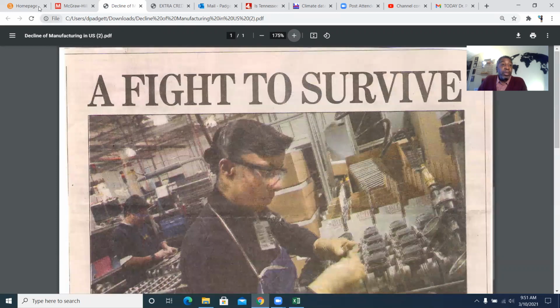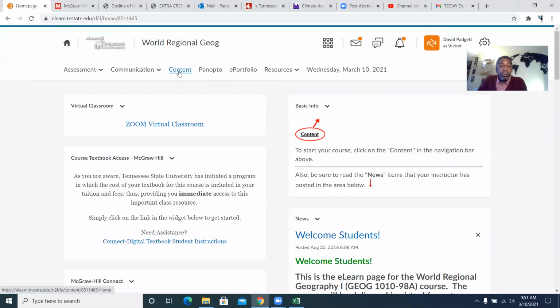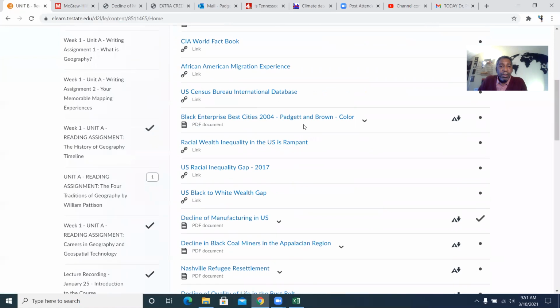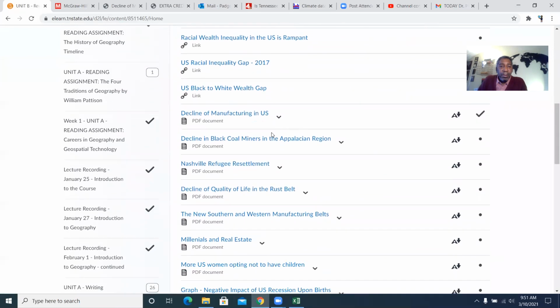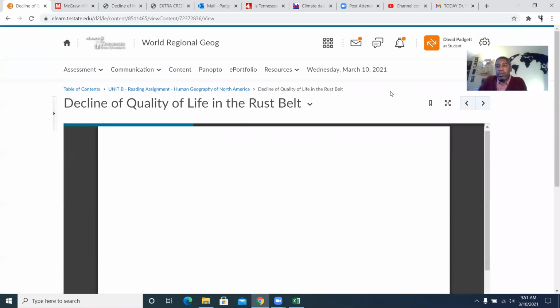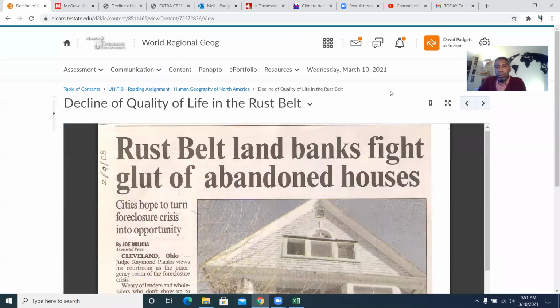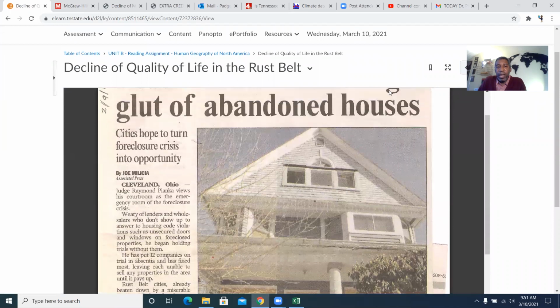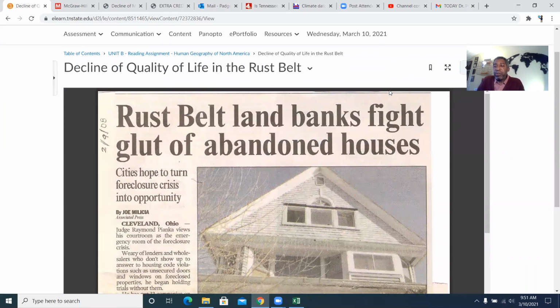And as an unfortunate result of the loss of jobs, we also saw a loss of quality of life. So the manufacturing belt became the Rust Belt as homes began to be abandoned, people foreclosed, couldn't afford to pay their rent, couldn't afford to pay their mortgage.